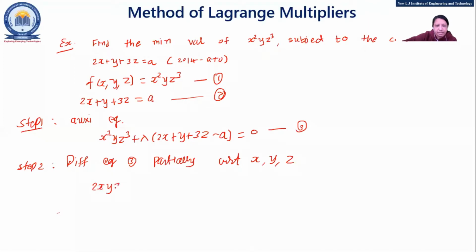Now plus lambda, and in multiplication this, so here only 2x, so from that 2 will be there. So 2 lambda equal to 0. Now if you want to find the value of lambda, this 2 will be common, so that will be cancelled out. So lambda equal to minus x y z cube, and this is my equation 4.